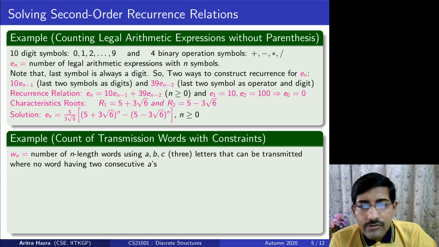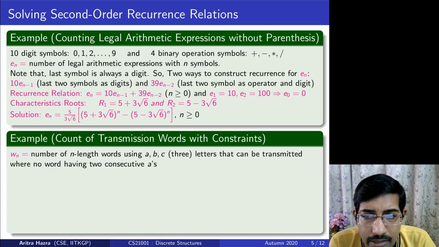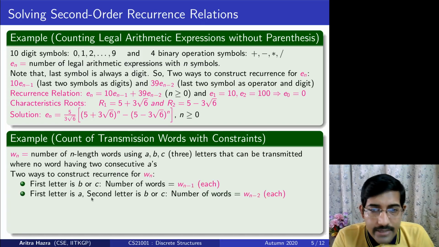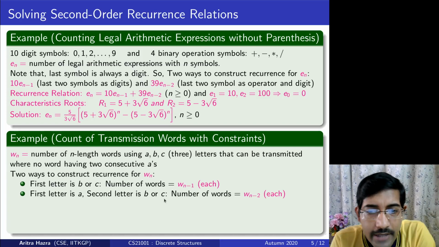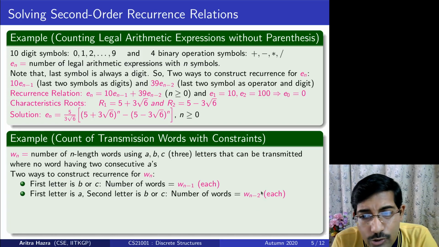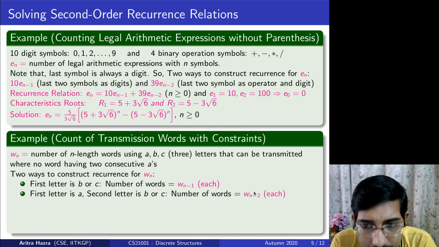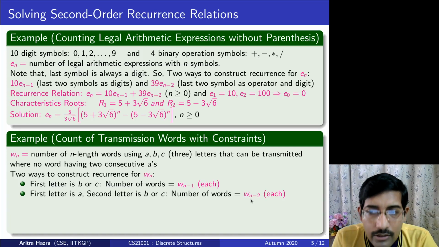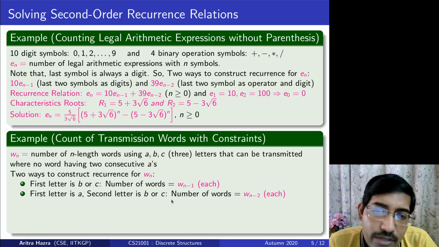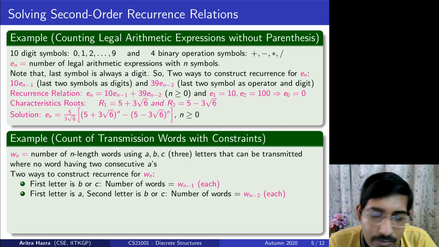Let's say my first letter in the n length word is A. Then obviously it should not have 2 occurrences of A. So if the first letter is A, then the second letter should be either B or C. So if I put A followed by B, and if I put A followed by C, then the n minus 2 length word Wn minus 2 gives me the solution for those n minus 2 symbols possible.